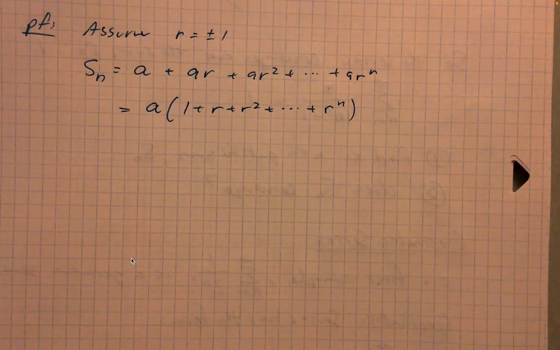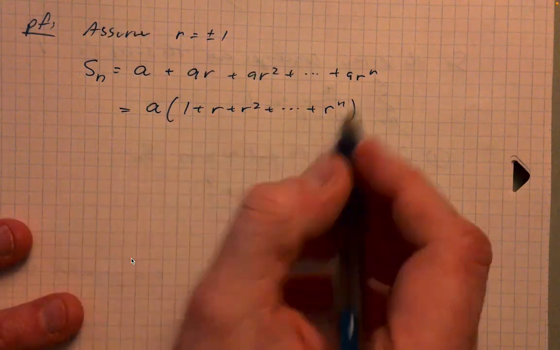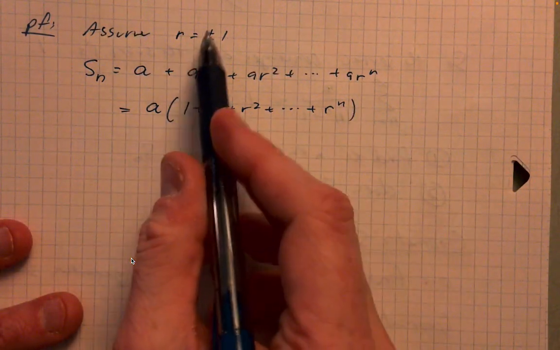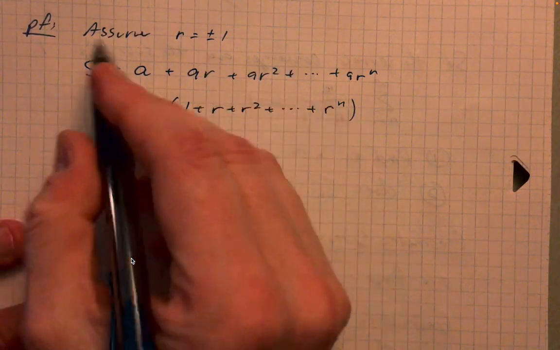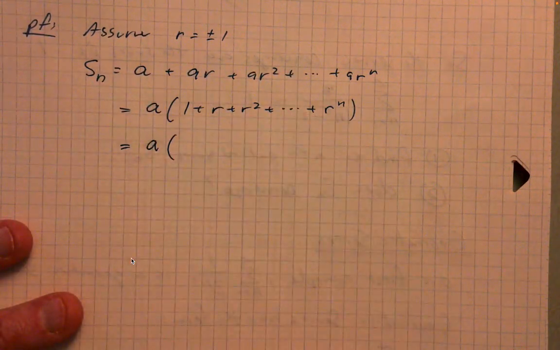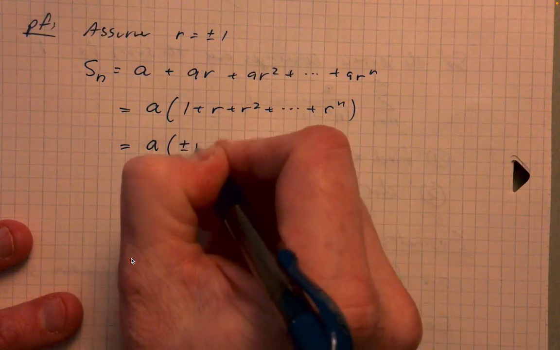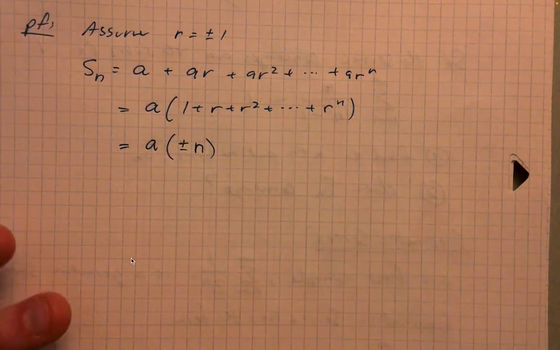Since r is 1 or negative 1, the nth partial sum is equal to a times plus or minus n, since there are n of them here.